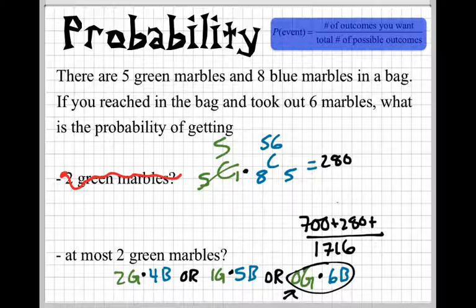Now this one we don't have to do anything with choose 0, because anything choose 0 is just going to be 1. So we just have to say we're choosing 6 blues out of 8. So 8 choose 6. That's 28. So we have to add 28 to this. And let me punch that in my calculator.